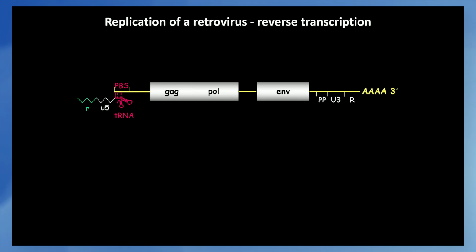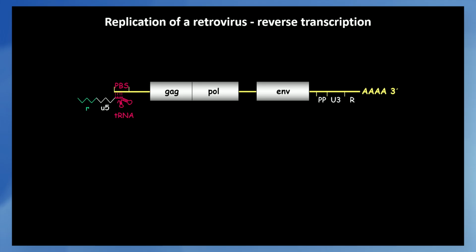Why is it called strong stop DNA? If you do a radioactive labeling of cells which have been infected with a retrovirus, you see a very, very strong radioactive signal when you separate everything on a polyacrylamide gel. That's this strong stop DNA, a short species which you prominently find.